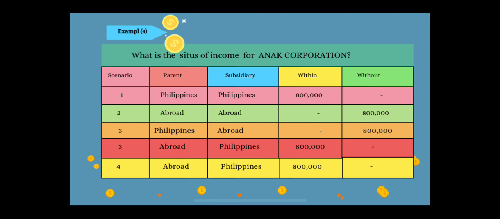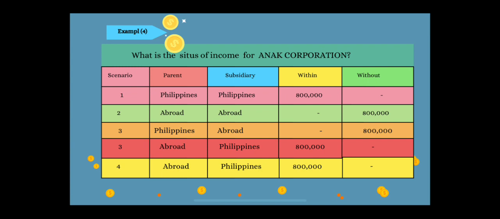So it belongs to without the Philippines and the amount is 800,000. For scenario 3, we have the parent in the Philippines and a subsidiary abroad. So it belongs to without the Philippines and the amount is 800,000. For scenario 4, we have the parent abroad and a subsidiary in the Philippines. So it belongs to within the Philippines and the amount is 800,000.